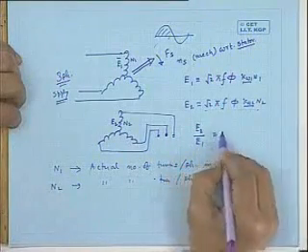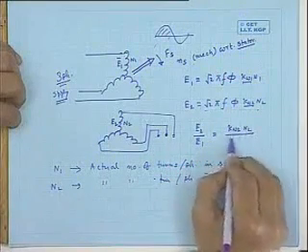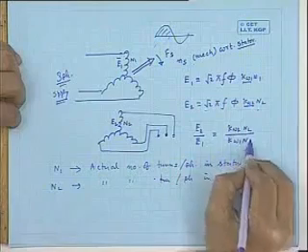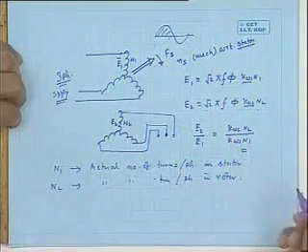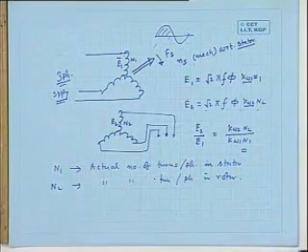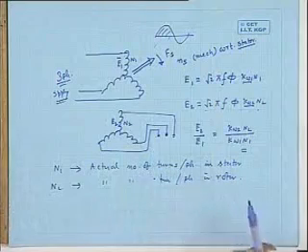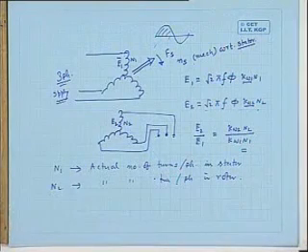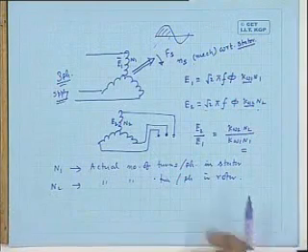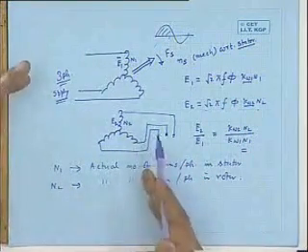It is the effective turns ratio: the magnitude of E2 by the magnitude of E1 will be equal to KW2 N2 by KW1 N1. That is the ratio of effective number of turns, just like a transformer. This is primary, this is secondary, when the rotor terminals are open, and you have not connected anything on the rotor terminals.